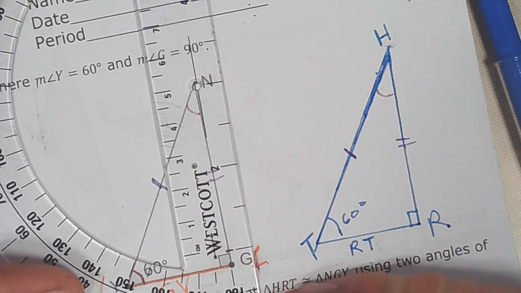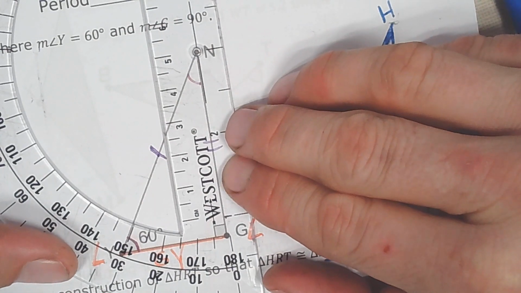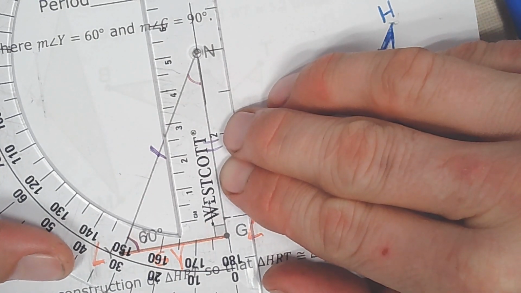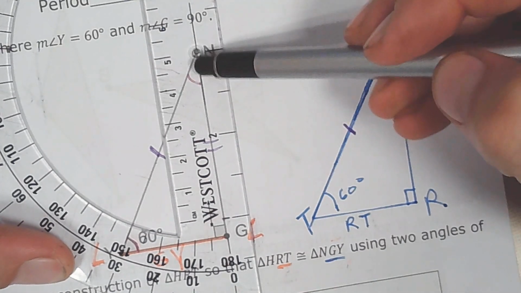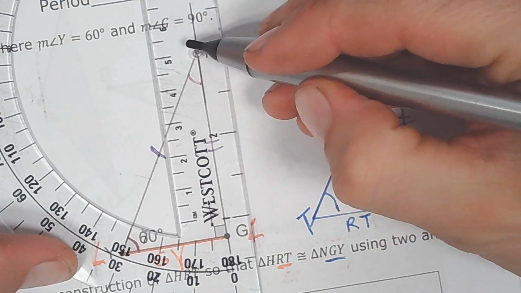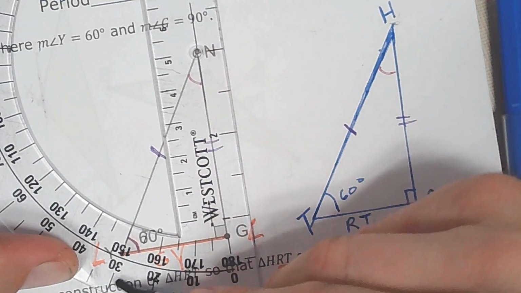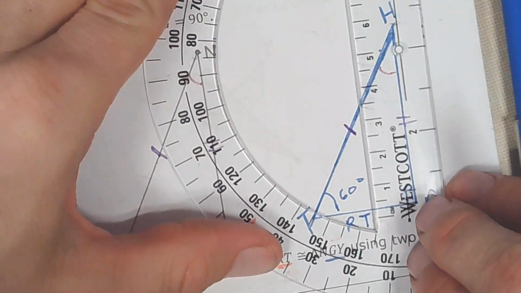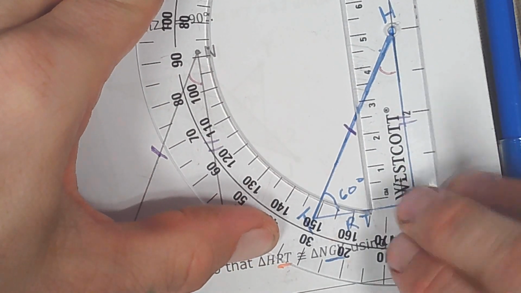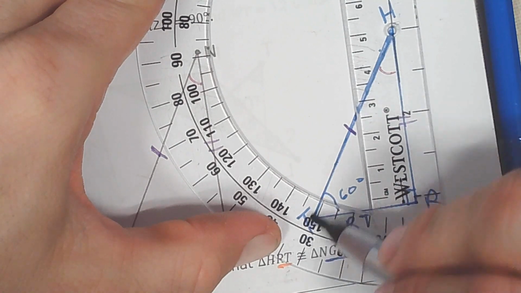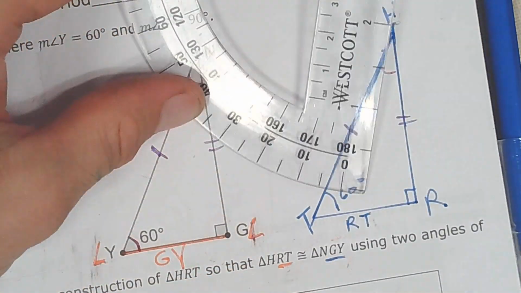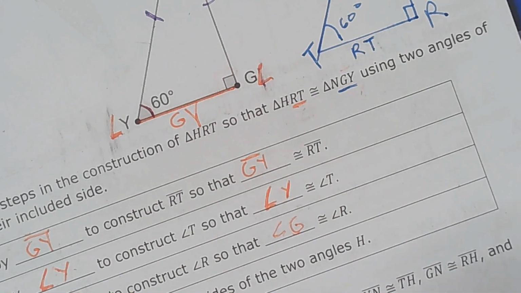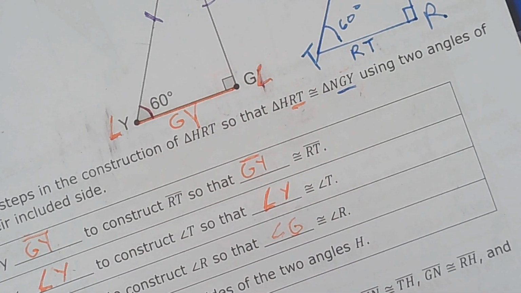So put the protractor here, make sure you can read it properly, and make sure that this line is lined up with this line, and then you read 30 degrees right there. And over here you put the protractor there, make sure this line's lined up with this line, and you read 30 degrees right there. Okay, so you can use a protractor.